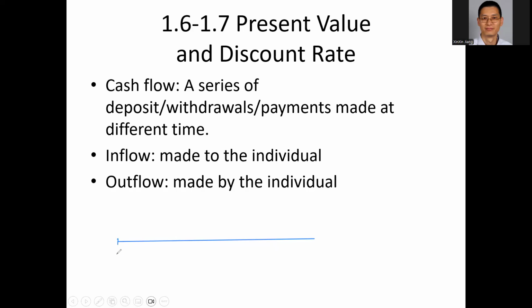So that's zero, maybe T0, T1, and so forth, T sub n, or little n or capital N, doesn't matter. Inflow is made to the individual and outflow is made by the individual. It really depends on where you sit. The individual may be the bank, or you if you borrow money from the bank. So you can set one to be positive, the other to be negative.